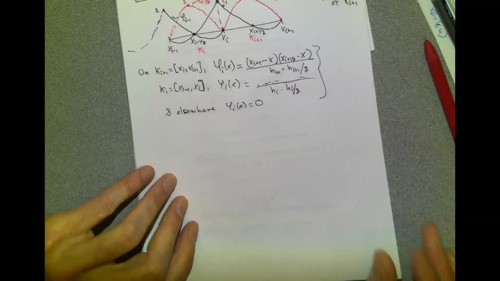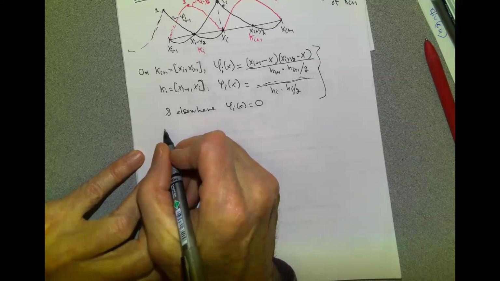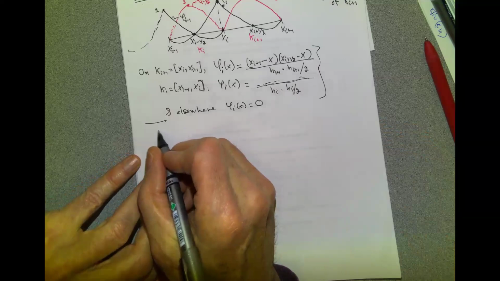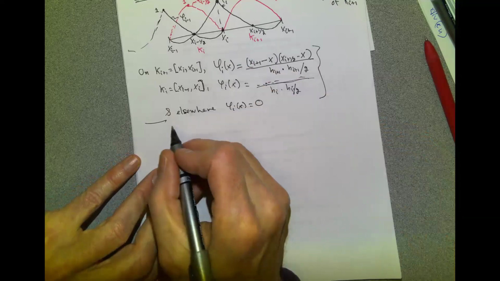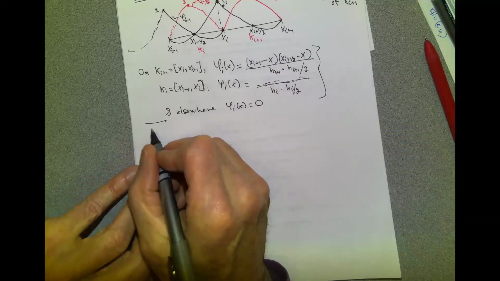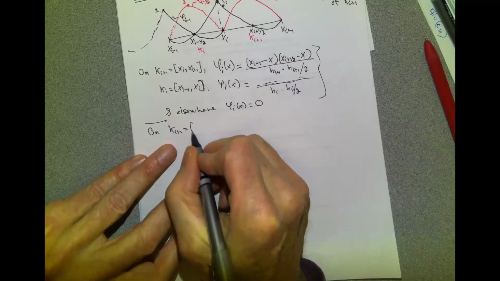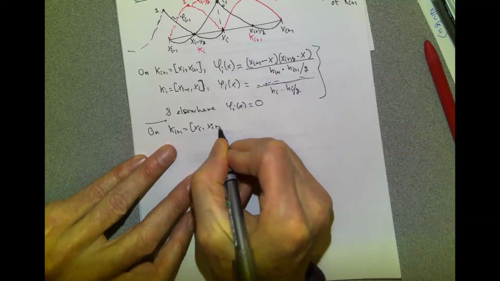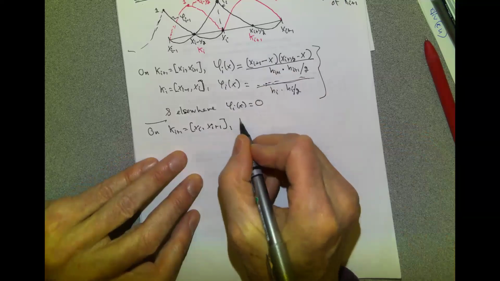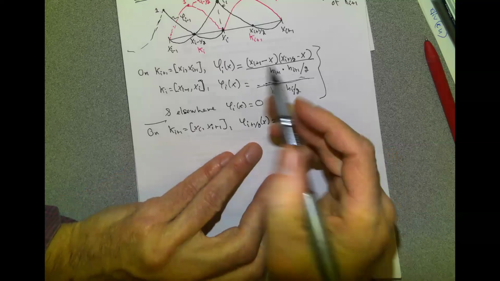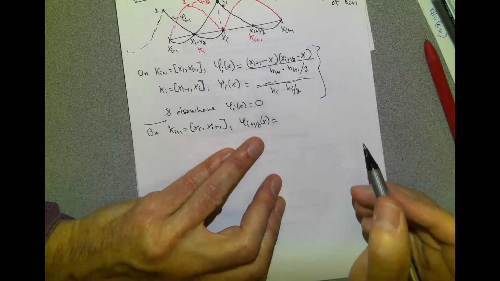And similarly, you can define the 1/2 function. If I'm doing, for instance, phi I plus 1/2, you can do it exactly in the same way. On Ki plus 1, equal to xi plus 1, what do we get? We get that phi I plus 1/2 of x has to be equal to 0 at the 2 endpoints.